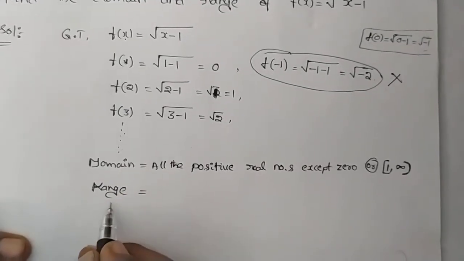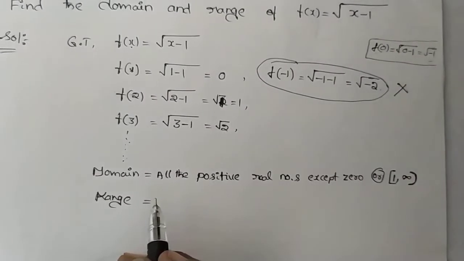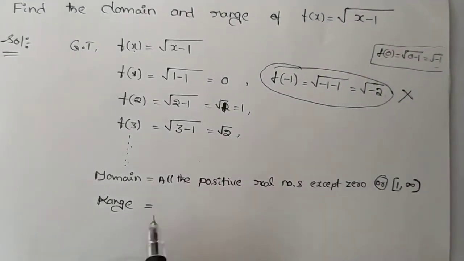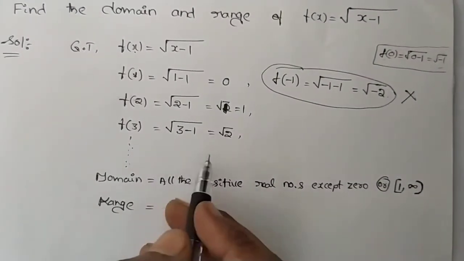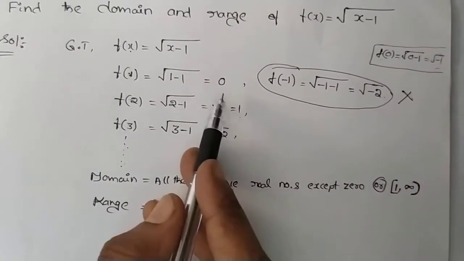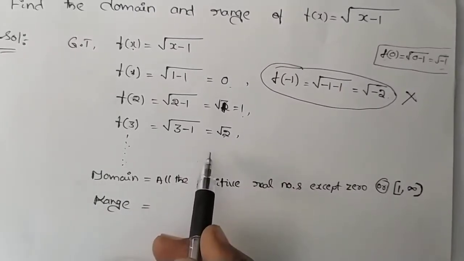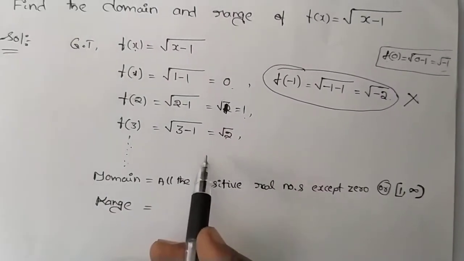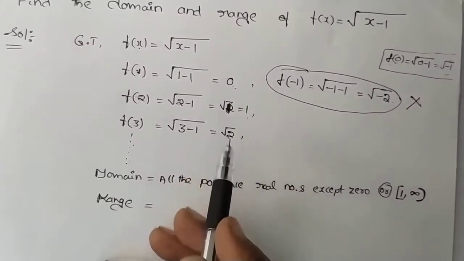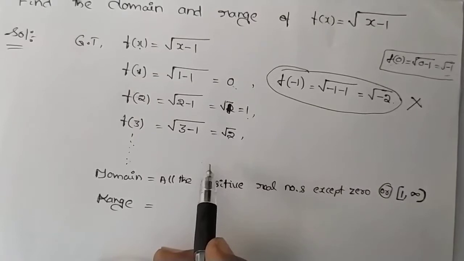What about range? I already told you that the output values are the range for the given function. We are getting the output values 0, 1, root 2, next root 3, next root 4.